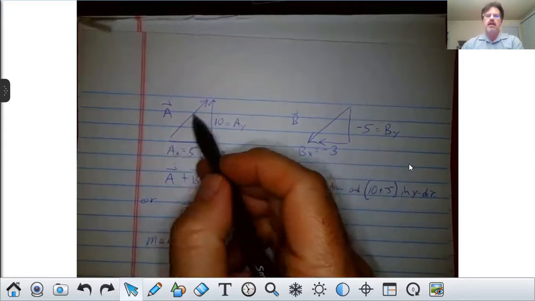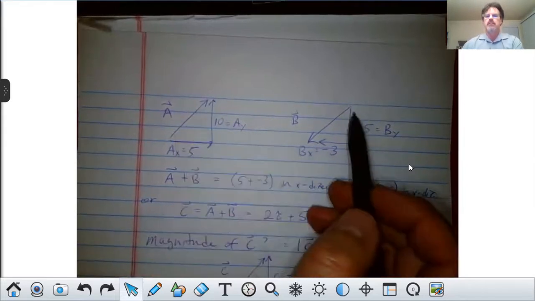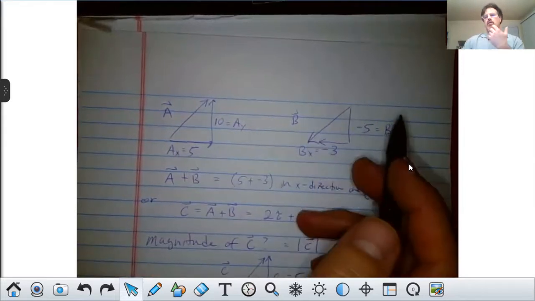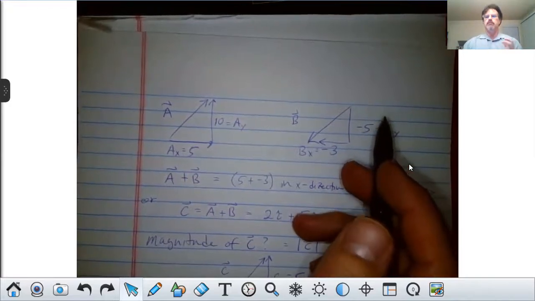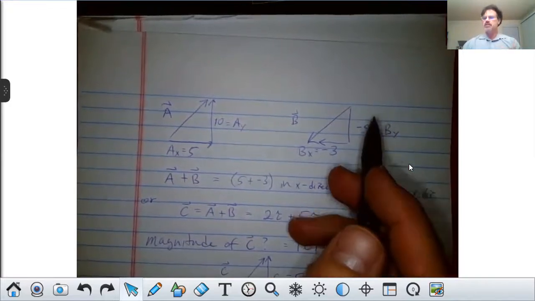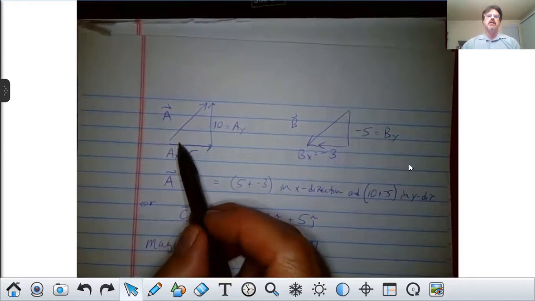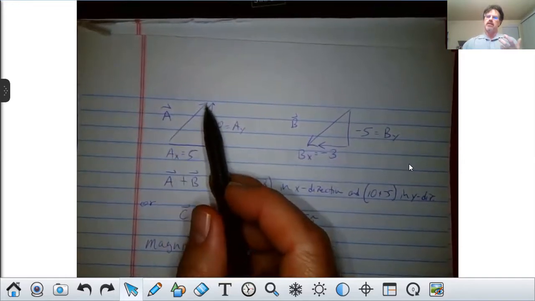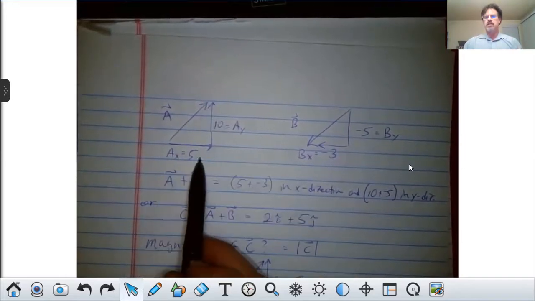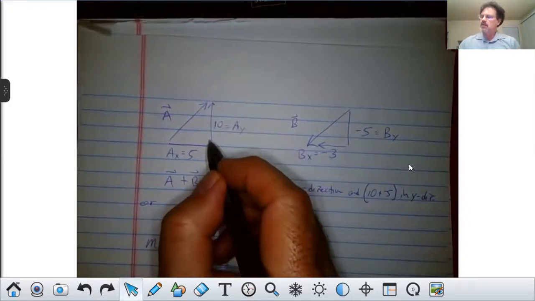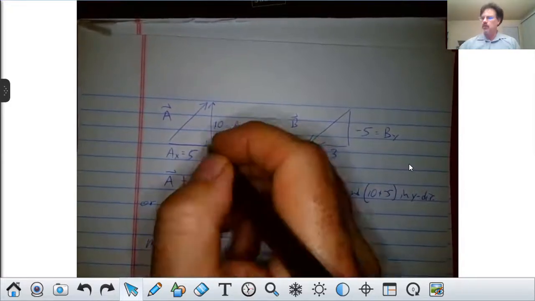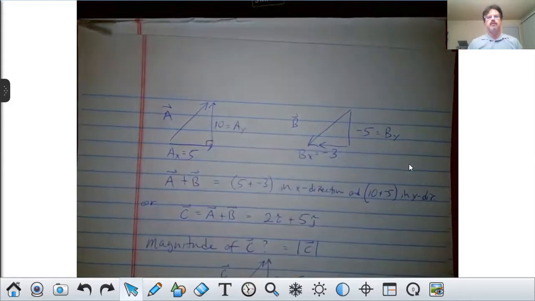So I've got a vector A kind of going this way and a vector B going that way. And what I have described these vectors in terms of are their components. Instead of saying the angle and the length of the vector, I could also give the x component and the y component. And basically, I set those up so they are perpendicular to one another. So this is a 90-degree angle.